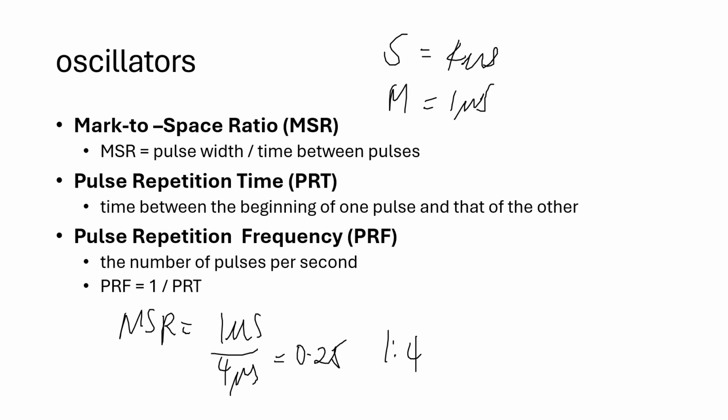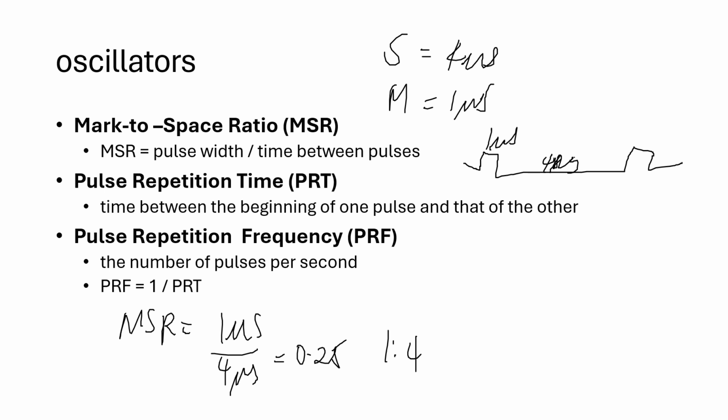Okay, then we have the pulse repetition time. Pulse repetition time is the time between the beginning of one pulse and that of the other. In our example, if we have here your mark and then here your space, this is 4 microseconds and this is 1 microsecond.